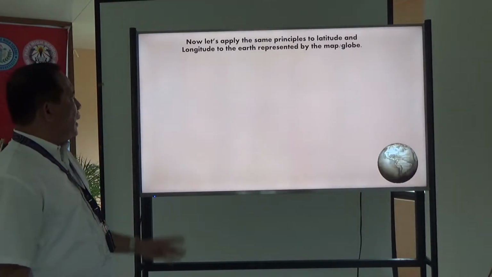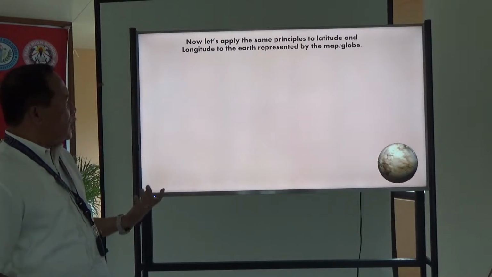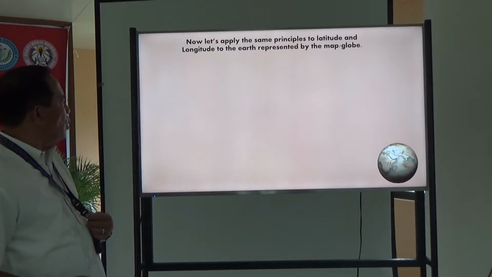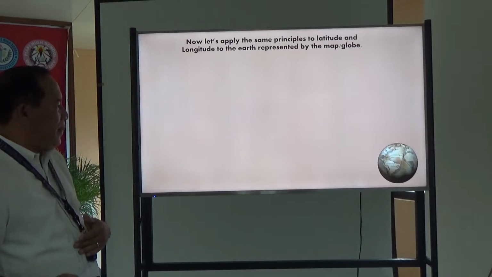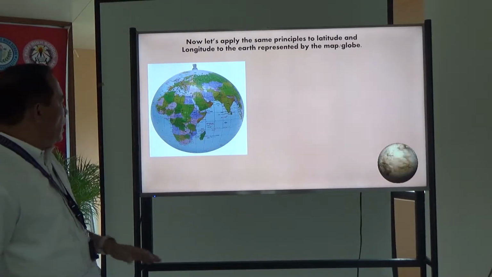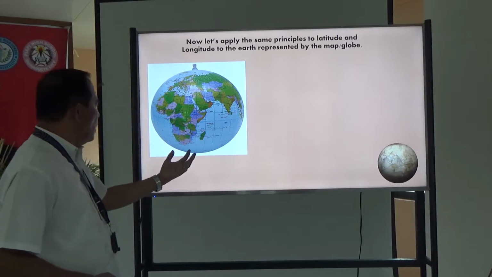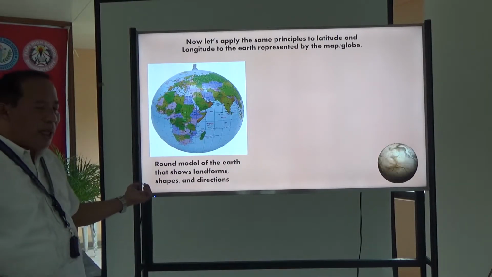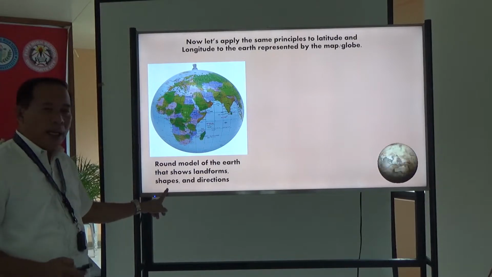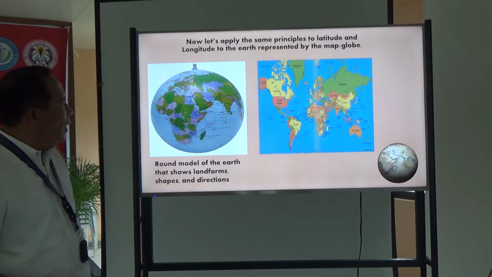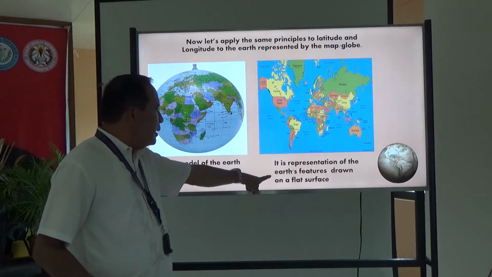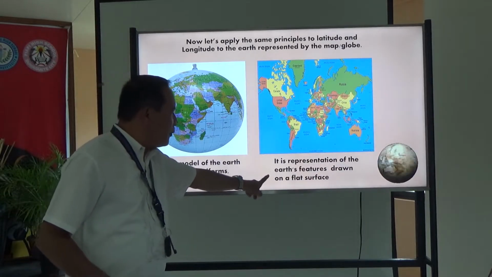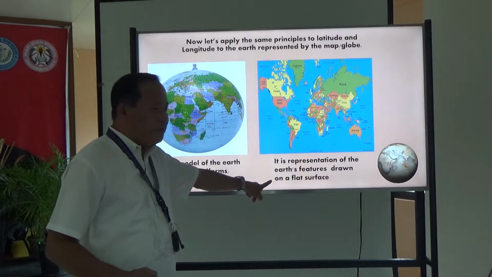Now let's apply the same principles to latitude and longitude on the Earth represented by a map or a globe. This is what we call the globe. The globe is the round model of the Earth that shows landforms, shapes, and directions. While the map is a representation of the Earth's features drawn on a flat surface.